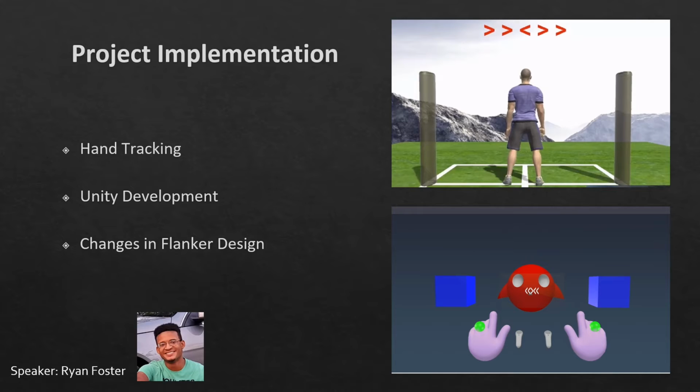The main implementation change that the team made while designing our application was to the flanker activity, so that a user only has to move in a diagonal direction versus a lateral direction. We decided to make this change so that the user would not need to constantly be turning their head to correctly perform the activity.